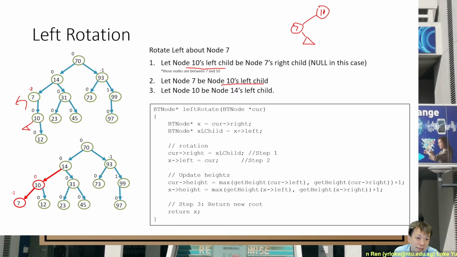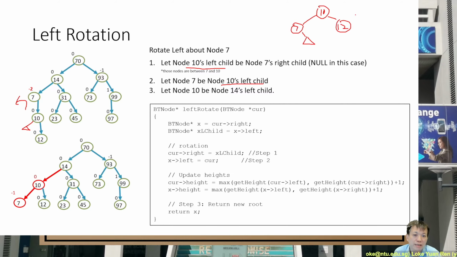That is the reason why you need to move the left subtree of node 10 to be the node 7 right subtree. By doing this, node 10's left side is free, so you can connect to node 7. Then here still remains 12.